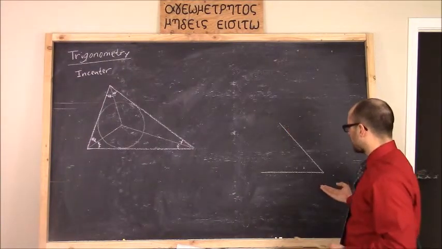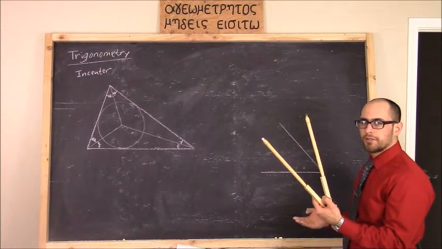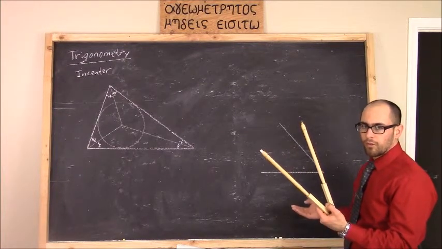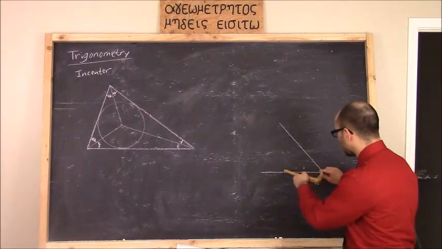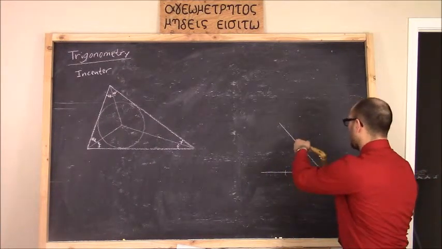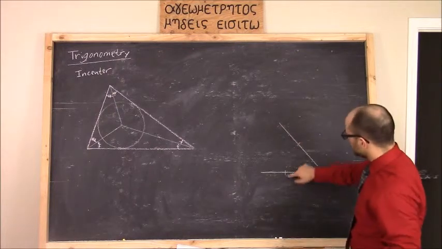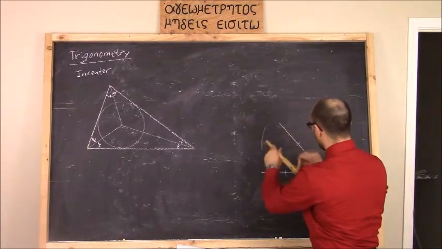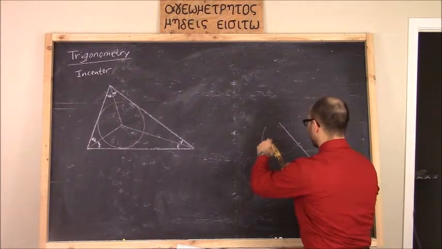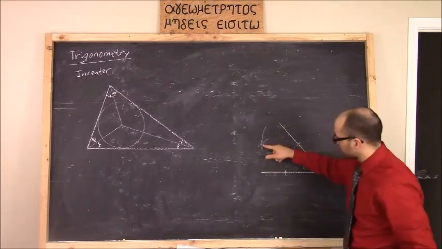So given an arbitrary angle, I set my compass to a convenient length. Doesn't really matter what, as long as I keep it the same throughout. And mark off two spots, one here, one here. Then from these two points, I will draw another arc, one here and one here. Notice there's an intersection.